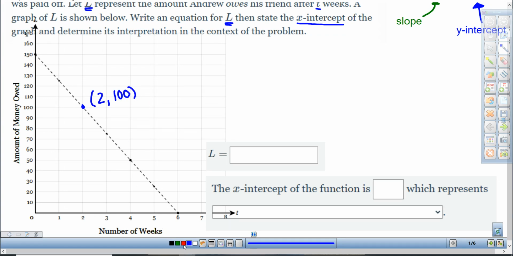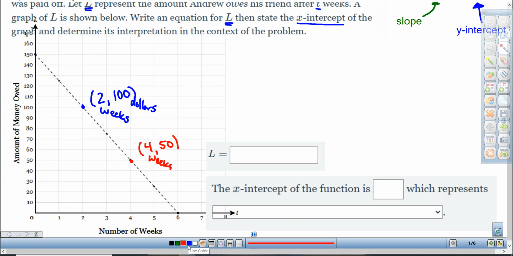And remember, the variable that they're using here is T for time in weeks. So this is saying 2 weeks, and at 2 weeks, Andrew still owed $100. And again, as time goes on, like here, we know now that it's been 4 weeks since he got the loan. That's 4, and now it's $50.